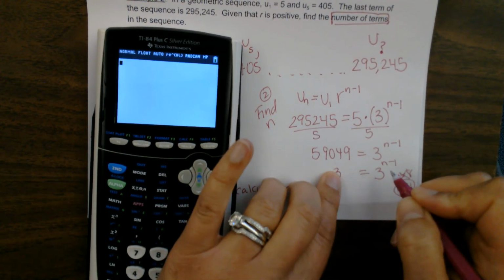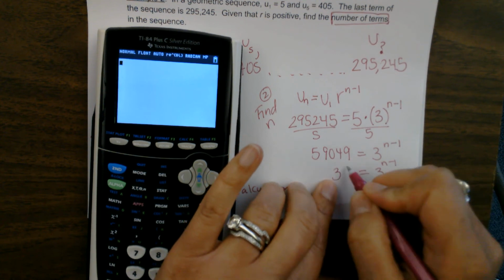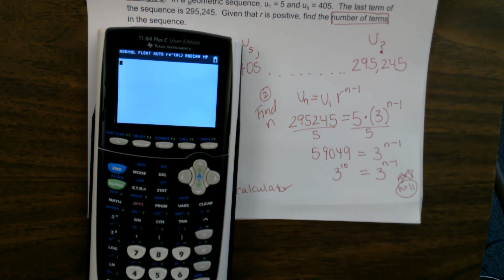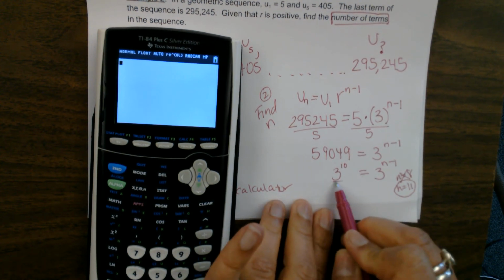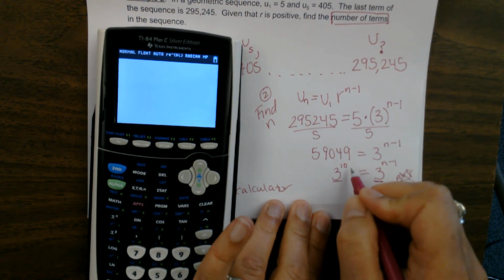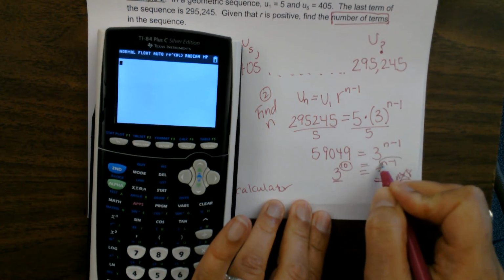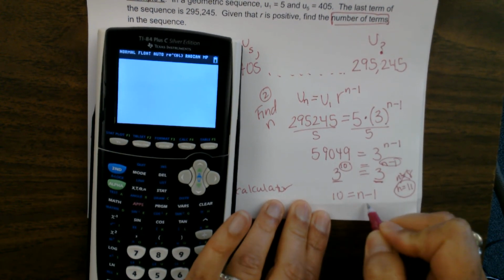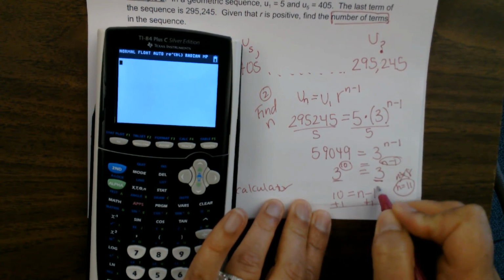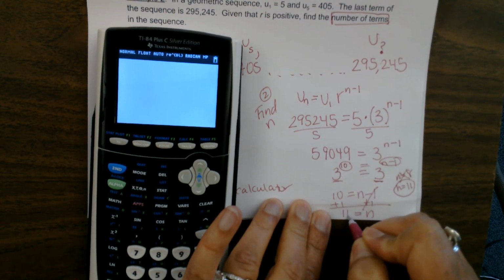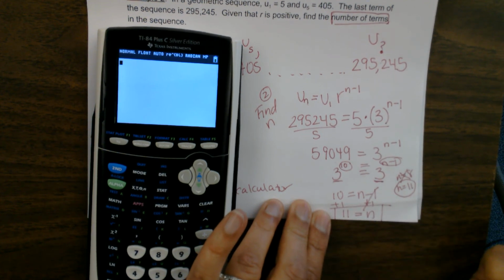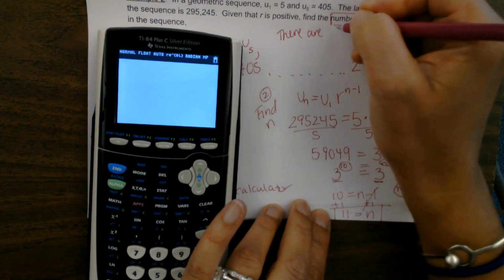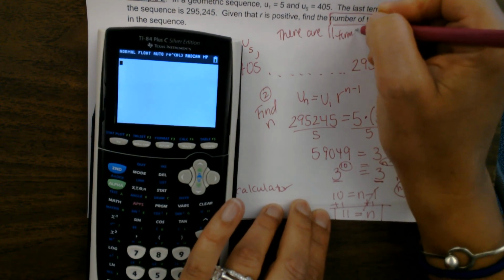So what number 3 to the 10th actually gives us 59,049. And so when these are common bases, what we can do is we set the exponents equal to each other. So 10 equals n minus 1. And then it becomes a small algebra problem where n equals 11. And so how many terms are there? There are 11 terms.